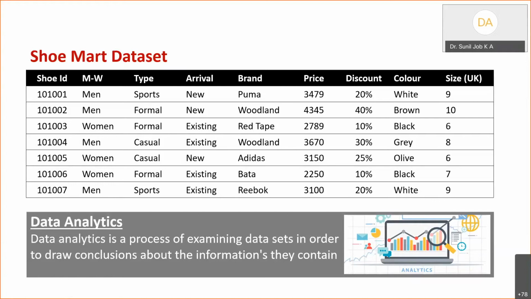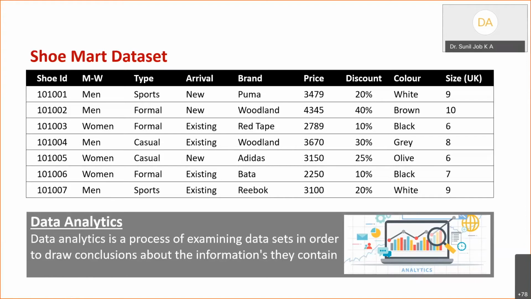So the first thing that a data analyst should know is how to convert a scenario of a data instance into a data set. And this format of a data set is known as a structured data set.